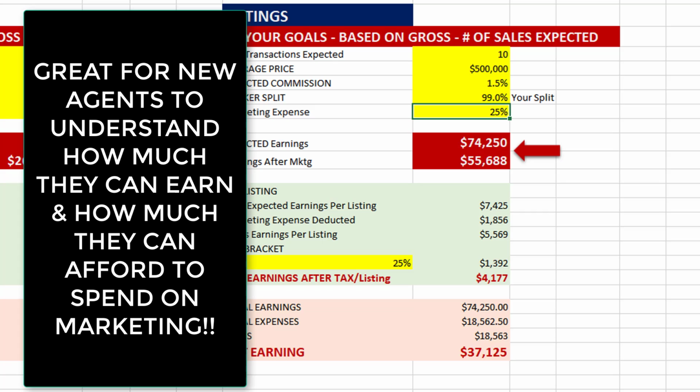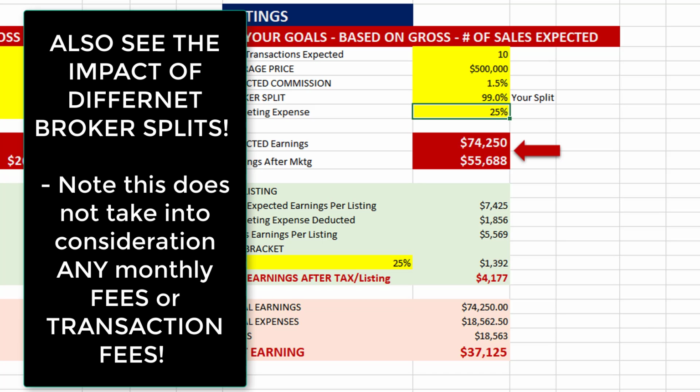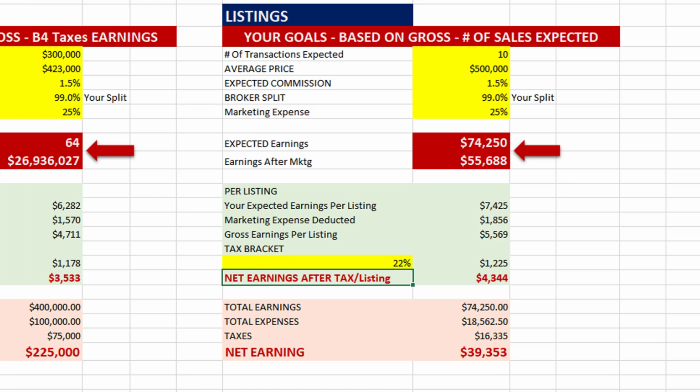So you can see here, right, with 99.1 split at 1.5, right? I'm looking at $500,000 home. I'm looking at $37,000. Now, of course, if your tax bracket is different, like 22% or whatever, you can see the difference that you would have in here, right? So you'd make almost 40K.